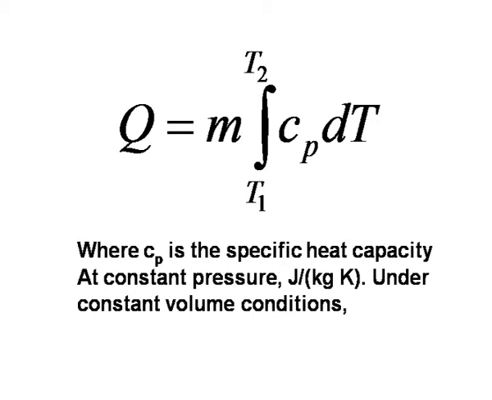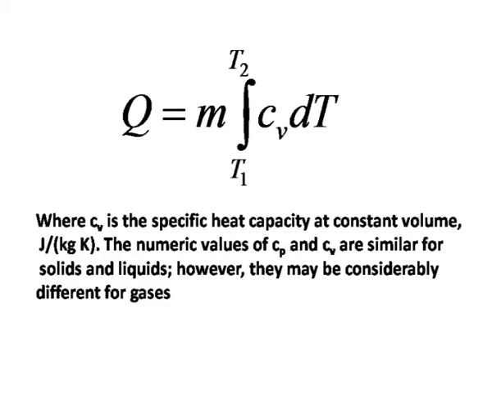Under constant volume, Q would be m integral T1 to T2 Cv dT, where Cv is the specific heat capacity at constant volume. The numerical values of Cp and Cv are similar for solids and liquids. However, they may be considerably different for gases.